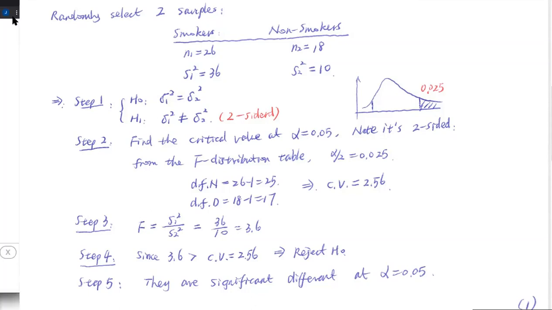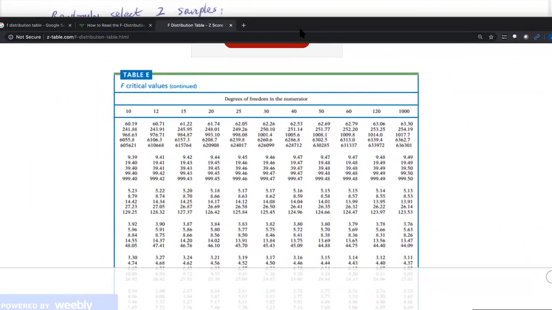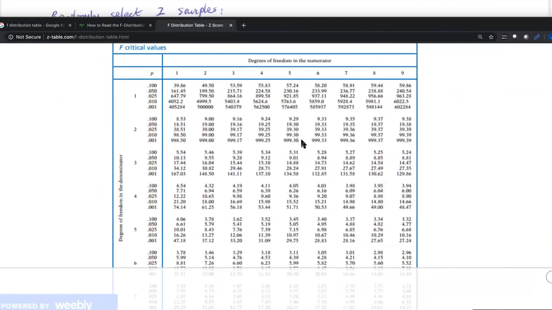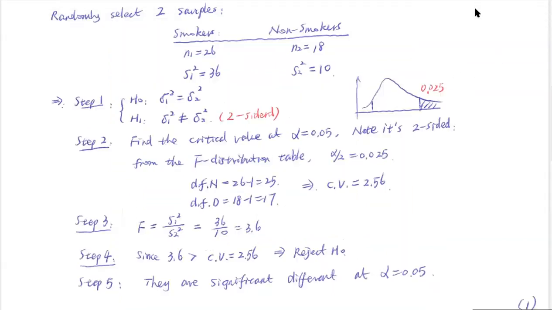Just FYI, later on, not for our class, if you have to do that, you need to find the corresponding degree of freedom here for the 17, and this one, 25. Let me see, what's the number? It's 25, right? And then the corresponding degree of freedom for the denominator, 17.